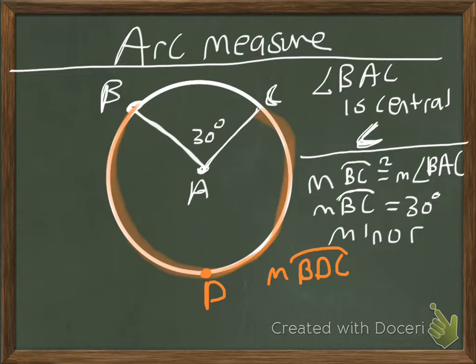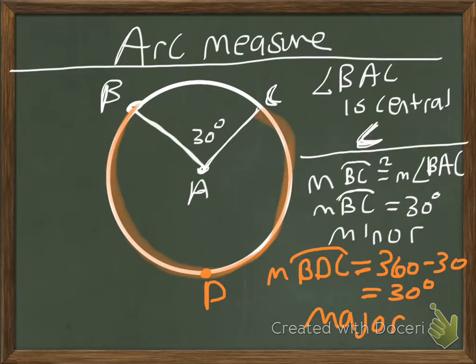From there, there's a couple ways I can do this, but they're basically the same operation. The first is to do it with the arc itself, which would be to say that if measure of arc BC, the shorter distance, is 30, then the rest of the circle that I've highlighted is the rest of that 360, so I would subtract 30 from it and figure out that measure of arc BDC, the major arc, is 330 degrees.